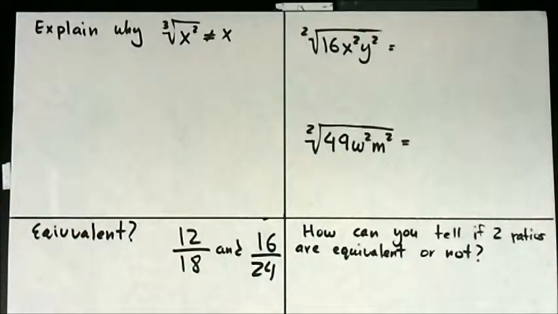Okay, explain why that can't happen. Anyone? Well, you have a third power radical and a second power root.